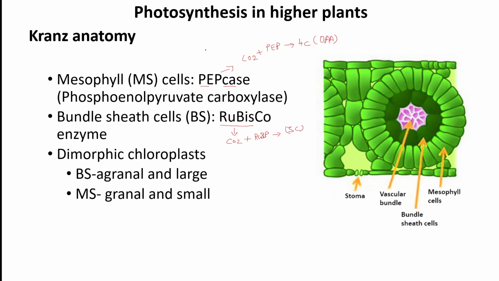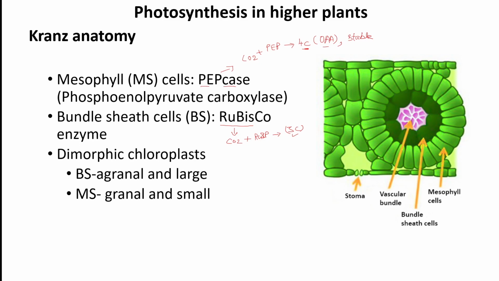That's why it has been given the name C4 cycle, because the first stable compound formed here is a 4-carbon compound, oxaloacetic acid. Whereas in C3, the first stable compound is a 3-carbon compound known as 3-phosphoglyceric acid.